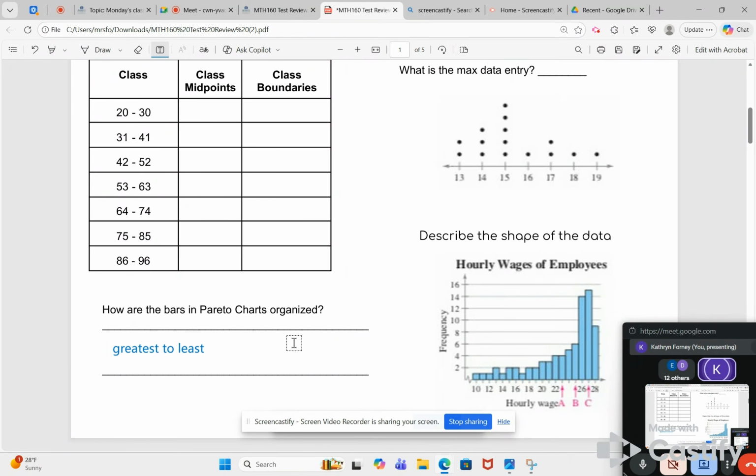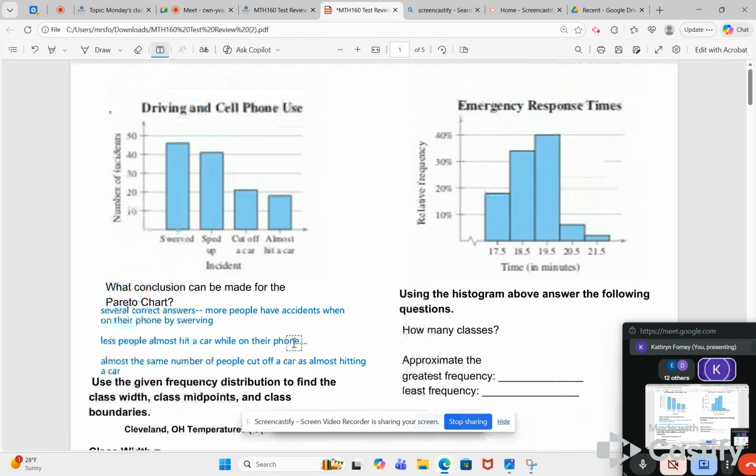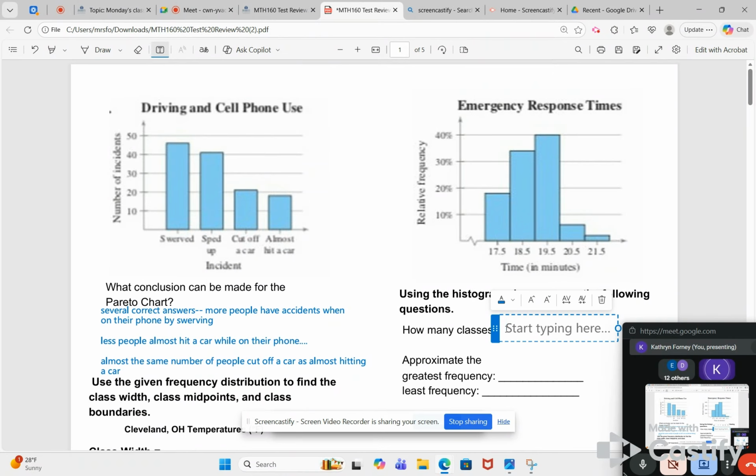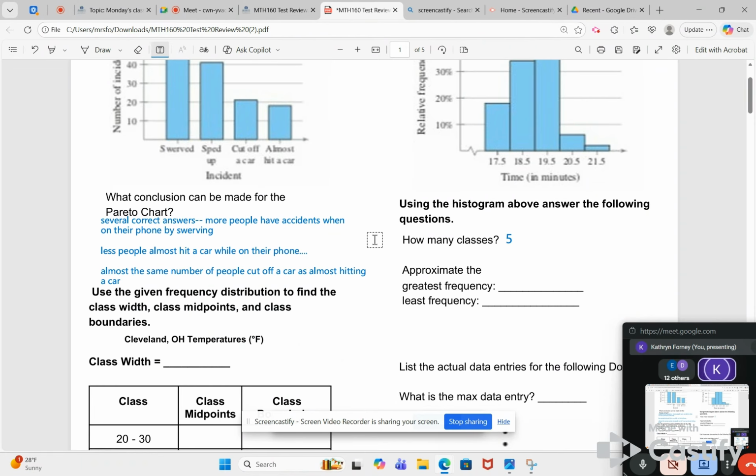And if you don't remember that, if you look at the Pareto chart here, you see it goes from greatest to least. So now this histogram, how many classes are there in this histogram? There's 5, because it's however many bars, like not necessarily how many bars, but right here, these numbers here.